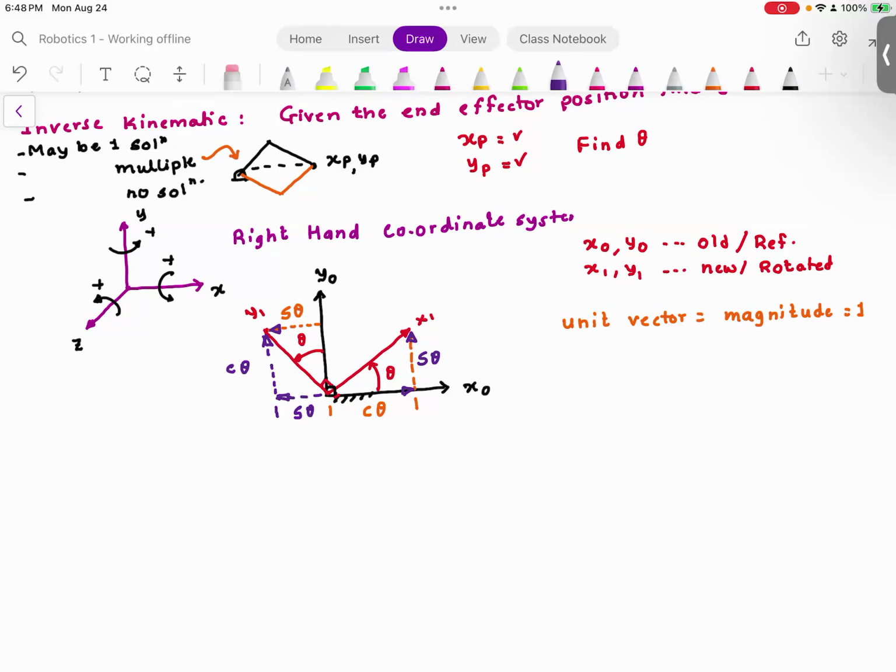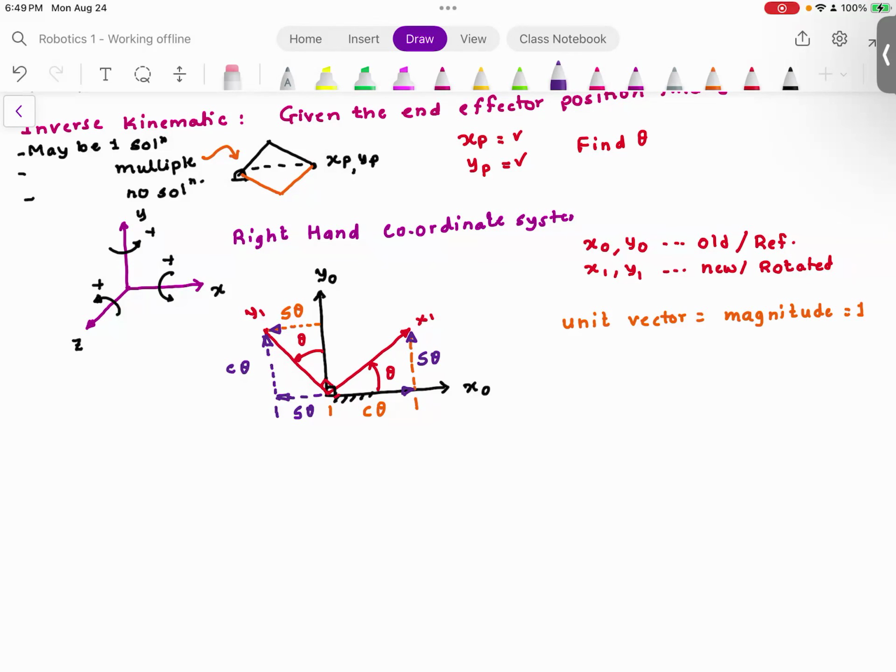So if you look at X1 cosine theta, can you see the direction of the arrow is in the same direction as positive X0. But when I look at the projection of Y1 onto X0, can you see that this guy is not in the positive direction? So projection of Y1 onto X0 is in the negative direction.